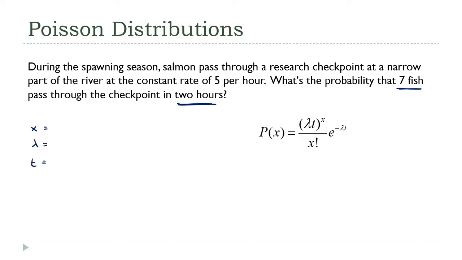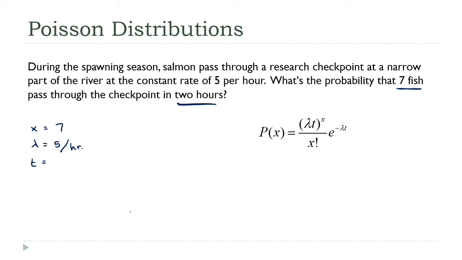X is the number of successes. So a success here is a fish swims past our checkpoint, and we're looking for the probability that 7 fish do that. Now the constant rate, that is 5 per hour, and I like to throw units in here.